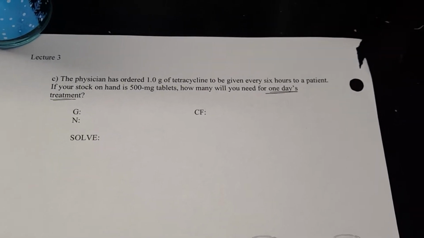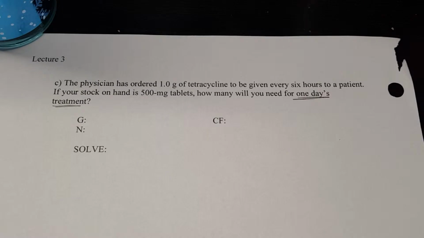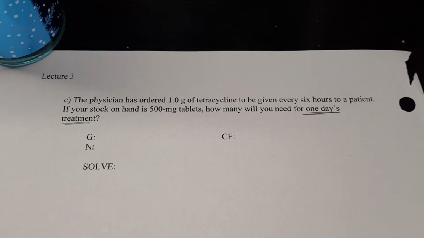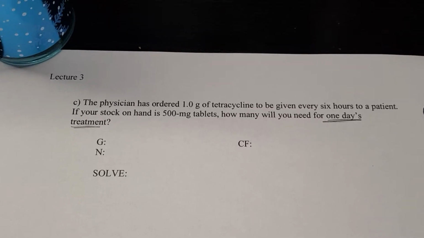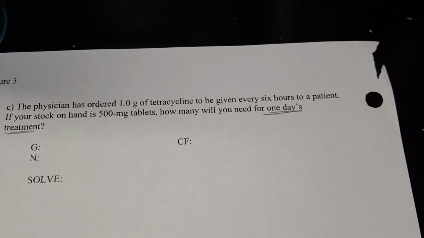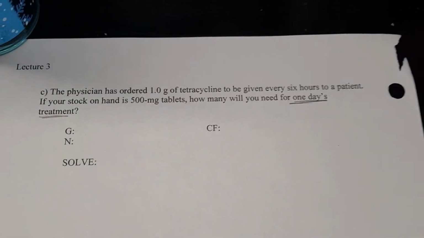And our given is the 24 hours given for 1 day. So 1 day we know is 24 hours. So I already see that we're going to have to go from hours to grams to milligrams.